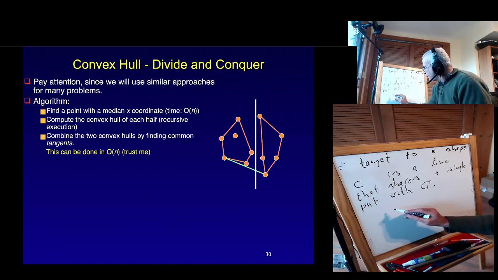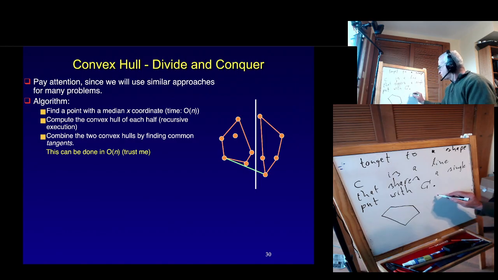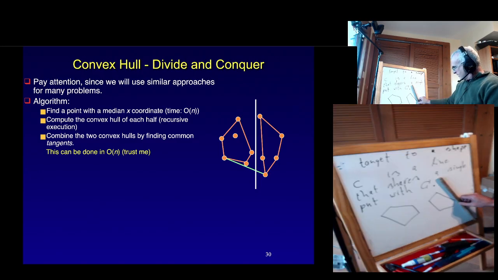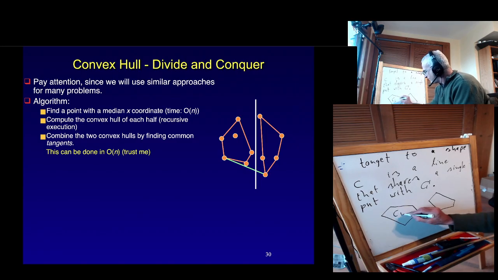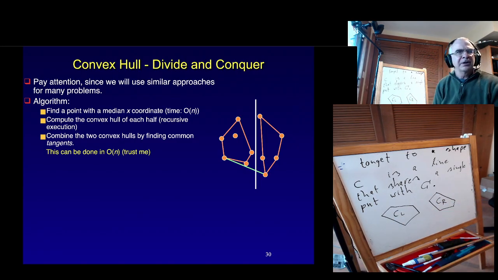Now, if I have two convex shapes, for each convex shape there are a lot of tangents, right? Through this vertex, I can find a lot of different tangents that all share a single point with this convex hull. Call them C left and C right. I can share with each convex hull a lot of tangents.